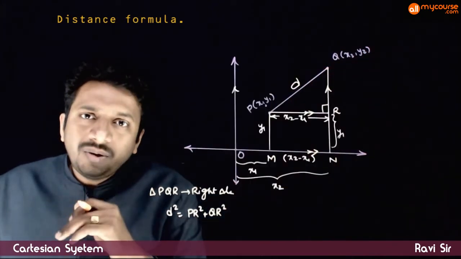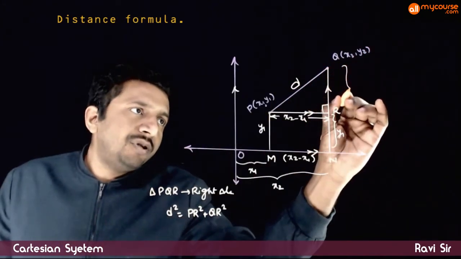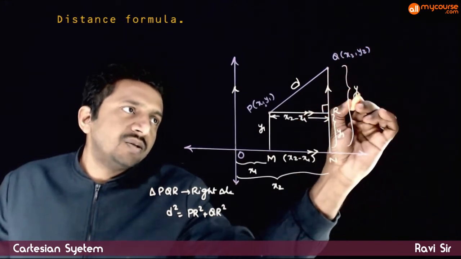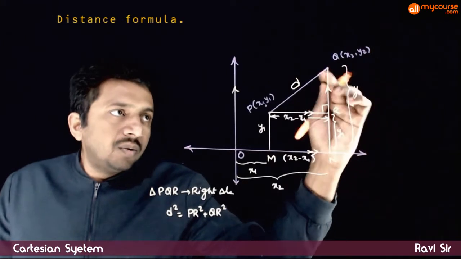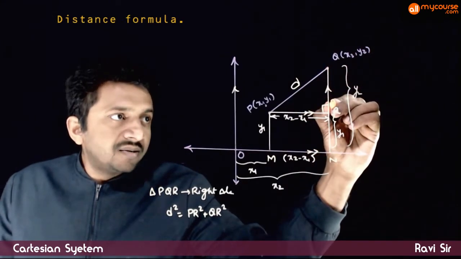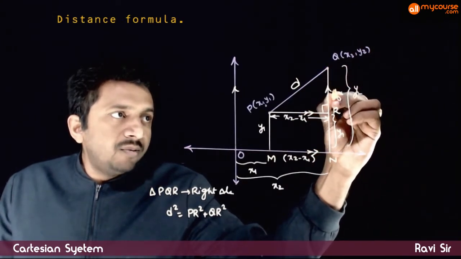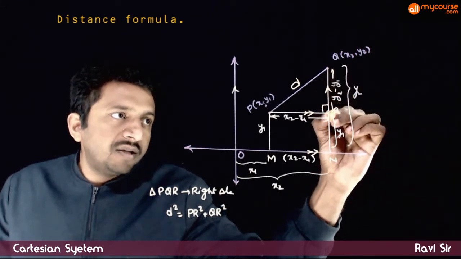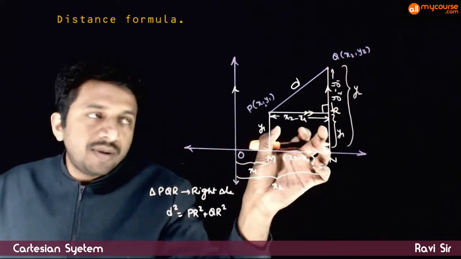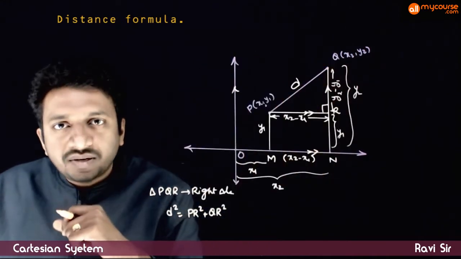QN is equal to y2. That is the distance of Q from x-axis. Now this is y2, this is y1. So RQ is y2 minus y1, right? So this is x2 minus x1, this is y2 minus y1.